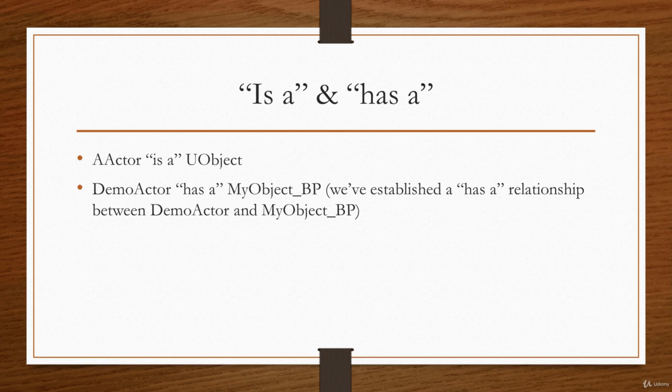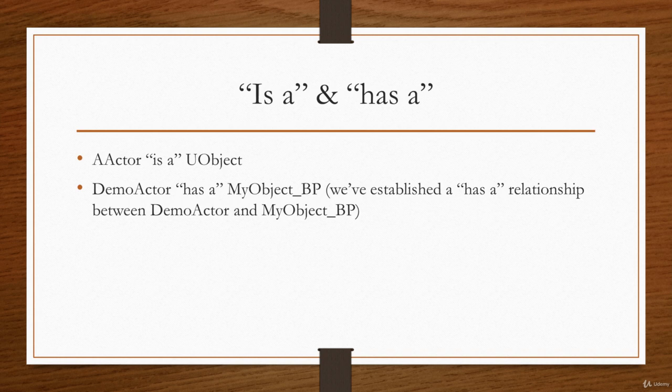But here we have this demo actor that we created as a blueprint. That's actually named incorrectly. Now that I think about it, we should have added an underscore pp to that. But in any case, this now has a myObject underscore pp object as part of it. So we've created a "has a" relationship between that demo actor and myObject pp, those blueprints.